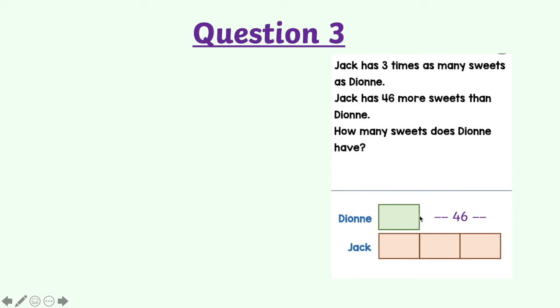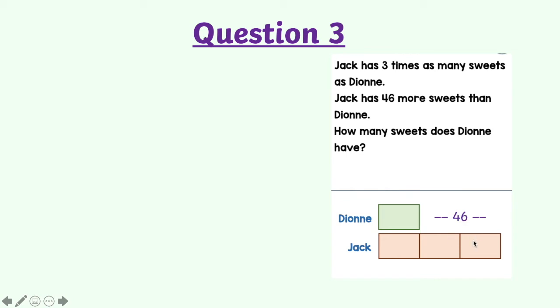So where Dion's ends, there's 46 to get to how much Jack has got. Now, if we know that this bit is 46, we need to work out then what one of these boxes here is worth. So we need to split 46 in half.